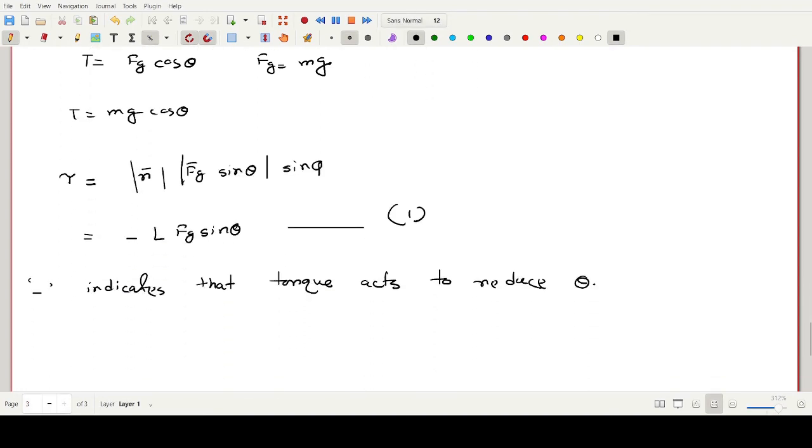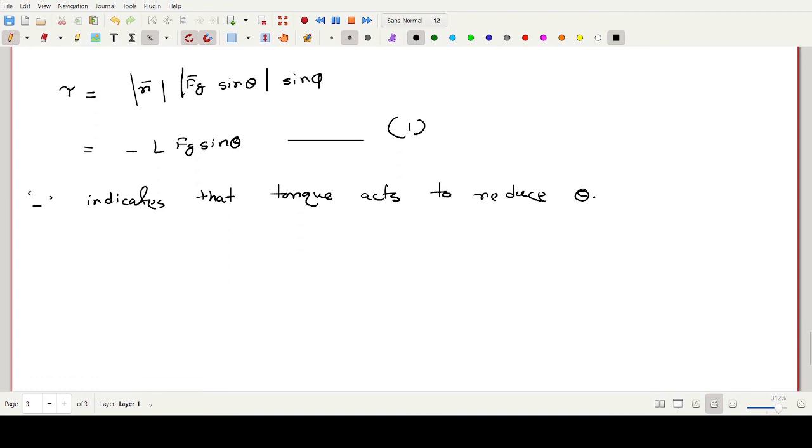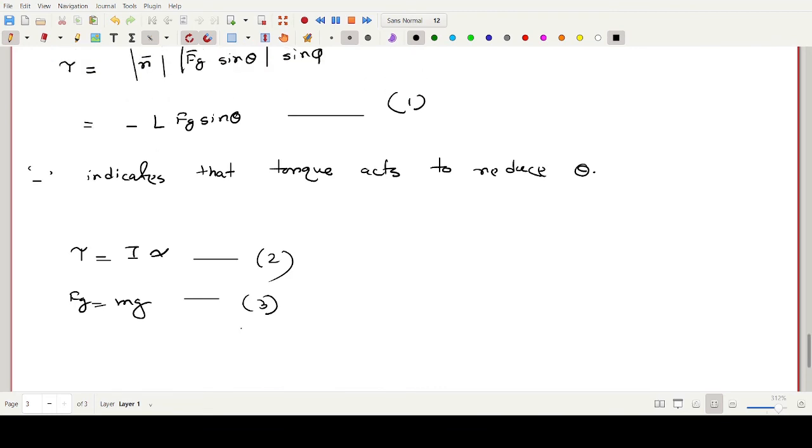So where, okay, minus indicates that torque acts to reduce theta. Now from equation 1 we can write let tau equals I alpha and Fg equals mg. Now if you use equation 2 and 3 in equation 1, you get I alpha equals minus mg L sine theta.